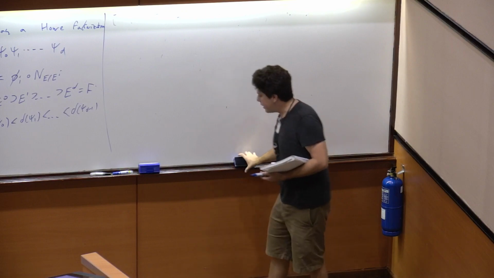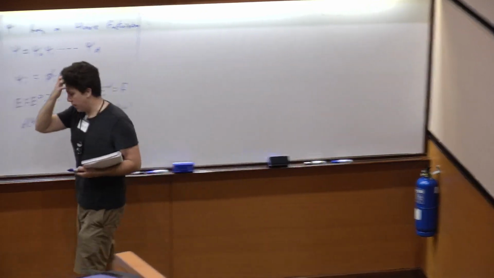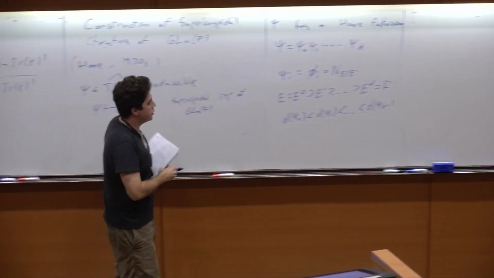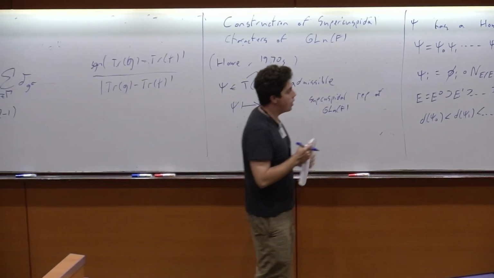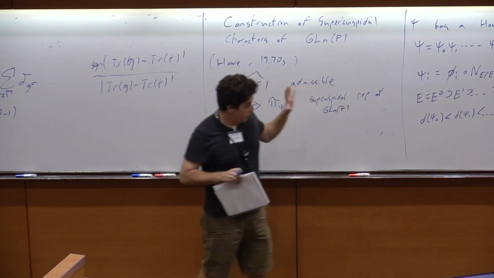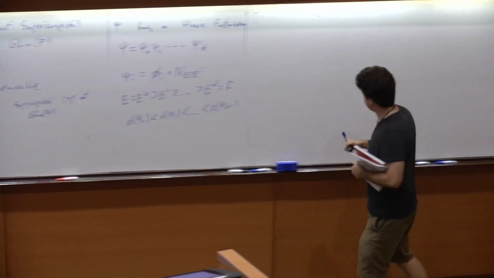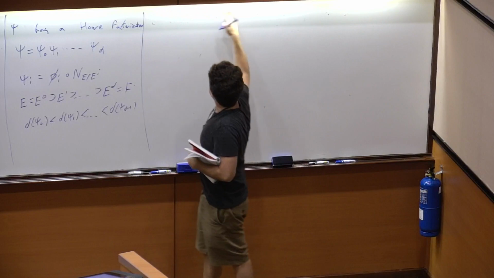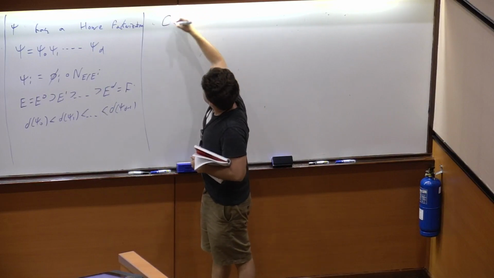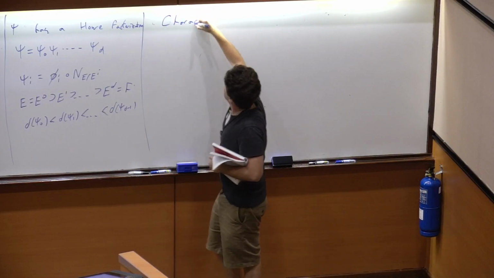But what we need is not only a construction of these supercuspidal representations, we'd like a computation of their characters. So for this, what we need is recent character formulas.